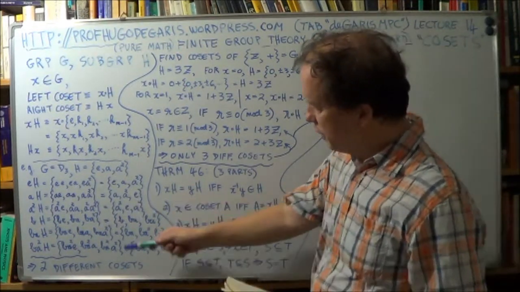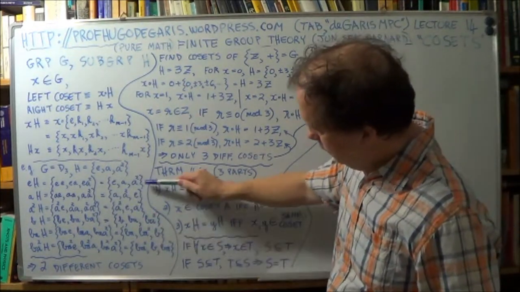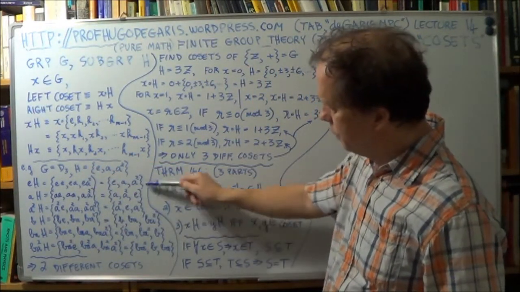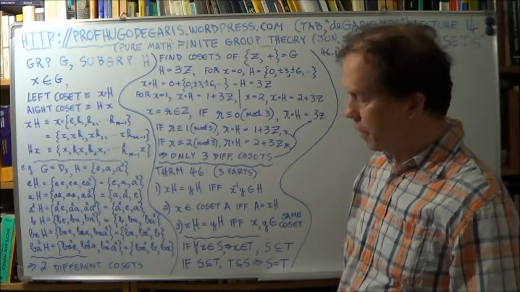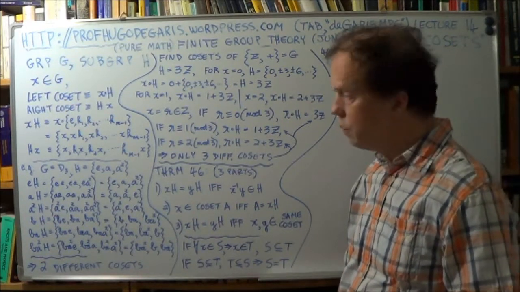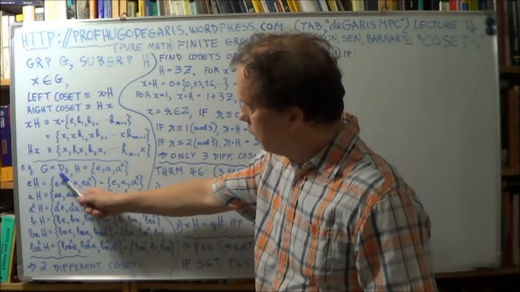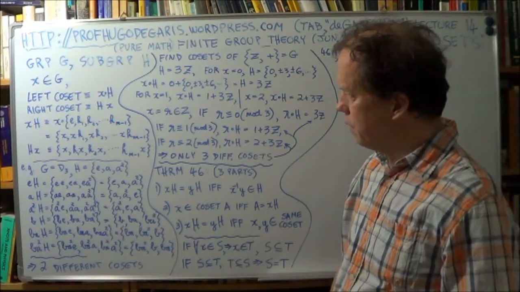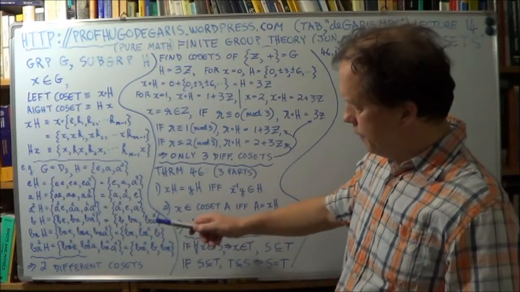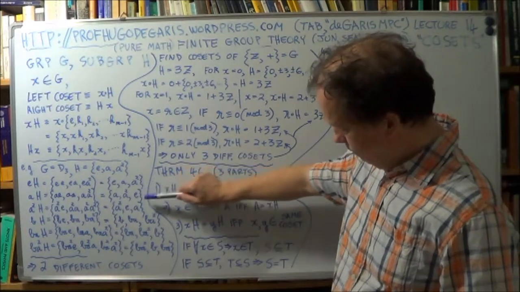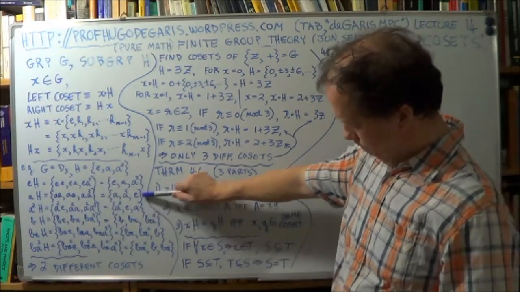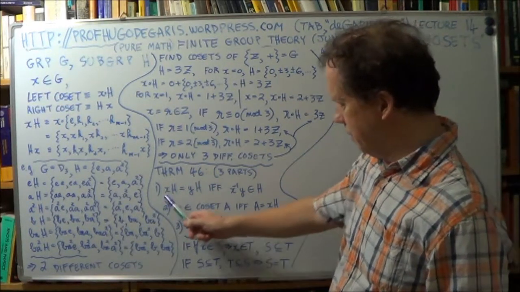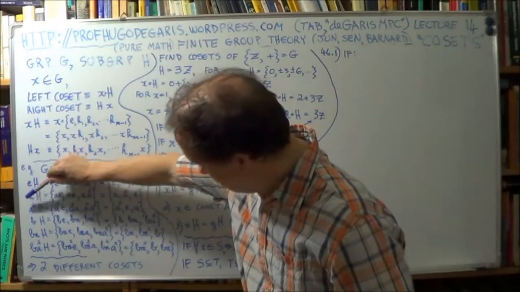As a lead-in, you can start getting curious a bit. Like for this case, you had only 2 different cosets, even though the order of the group was 6. Say you have like here or here, they're the same coset, but the elements are different.